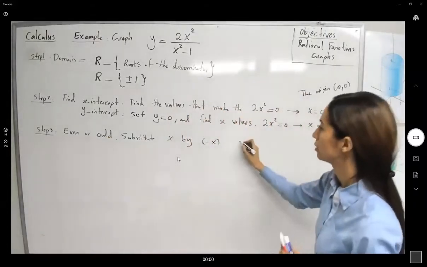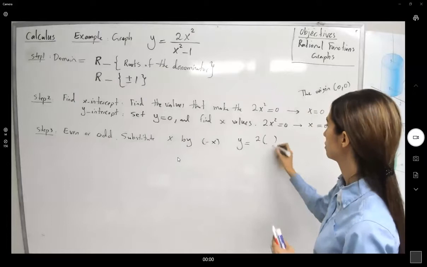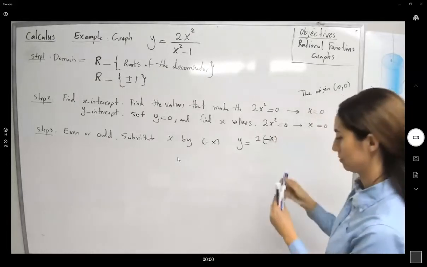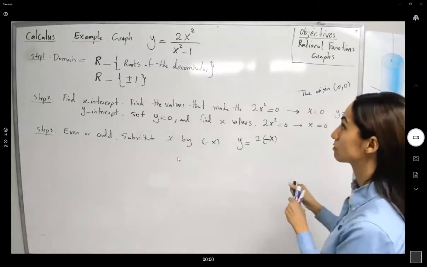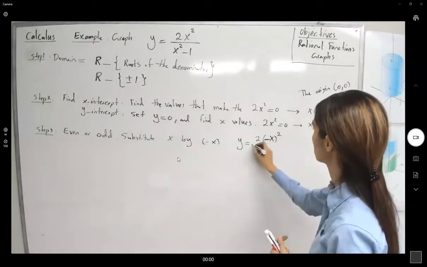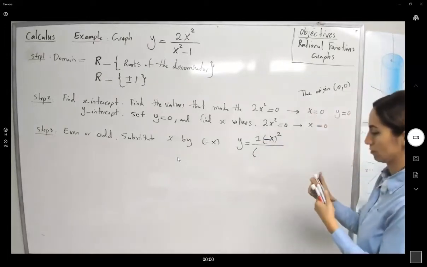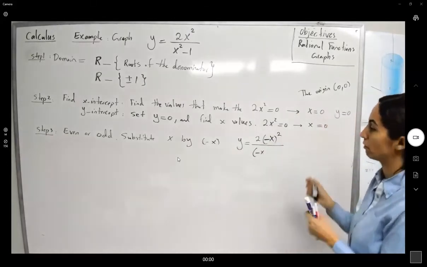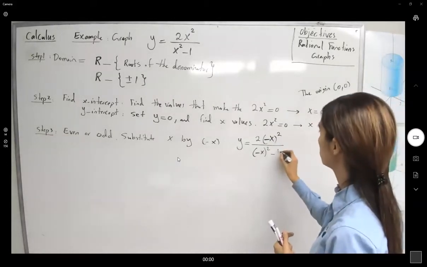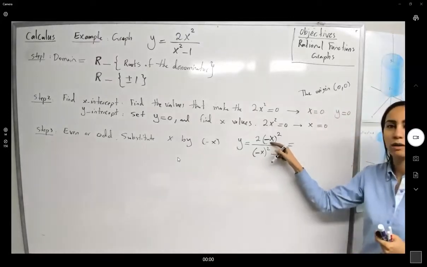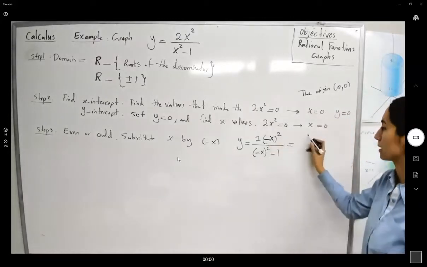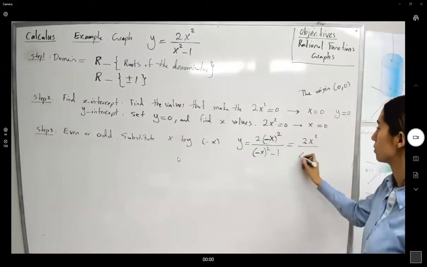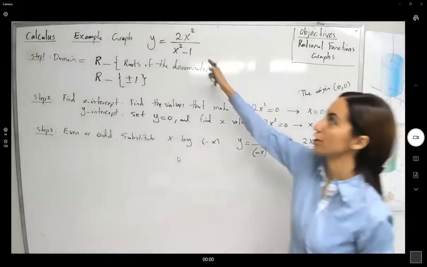So in this case, you get y equals 2 times (minus x) squared divided by (minus x) squared minus 1. Well, if you square negative x, you get x squared back. So you have 2x squared divided by x squared minus 1. We get the function itself.